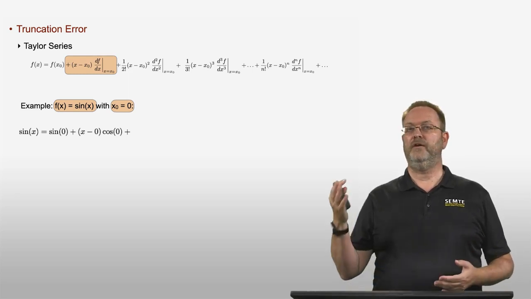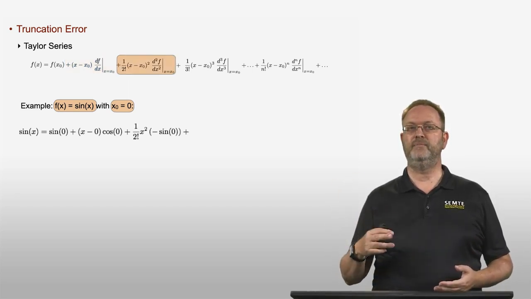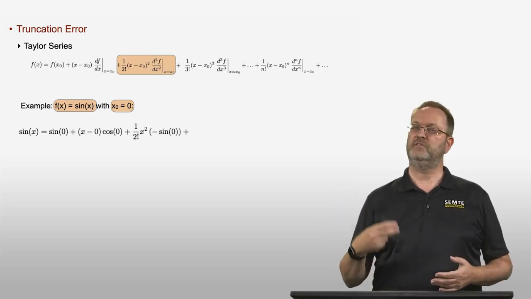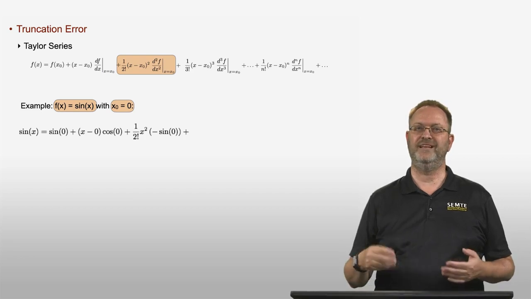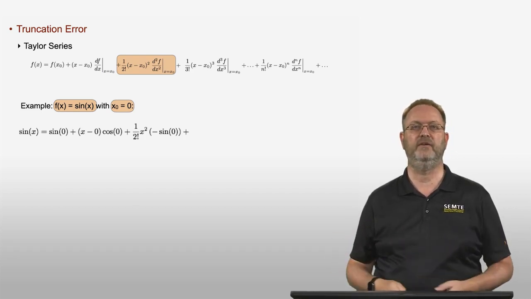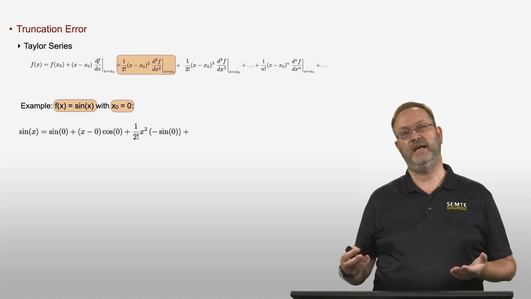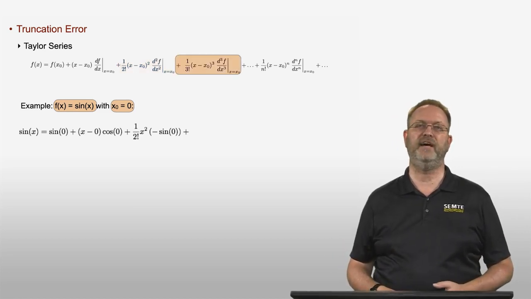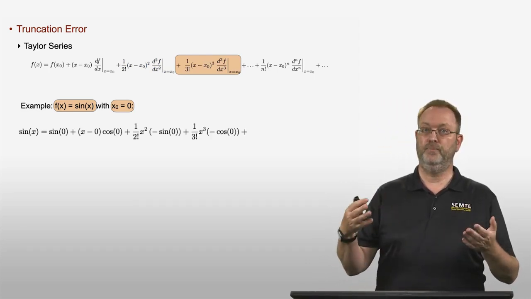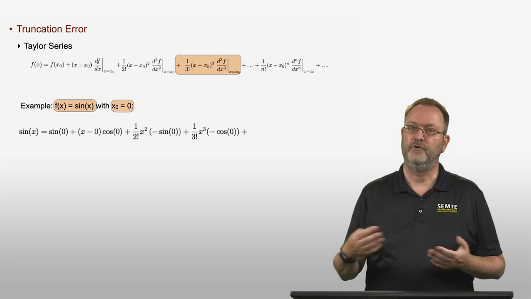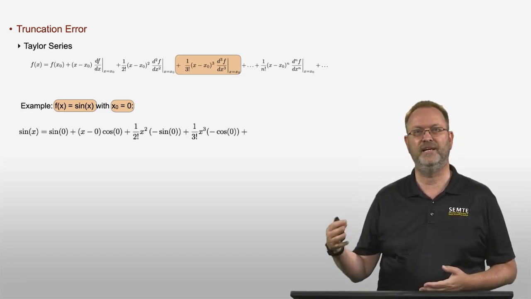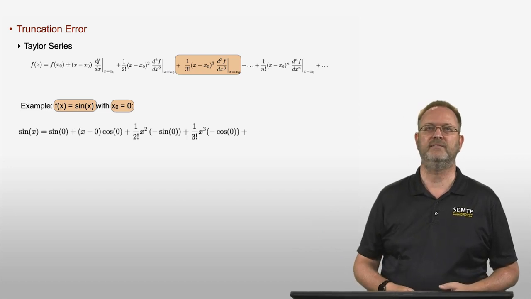Plus, next term, 1 over 2 factorial times x minus 0 squared, that's just x squared, times the second derivative of the sine, which is negative sine evaluated at 0, so times minus sine of 0. Plus the next term, 1 over 3 factorial times x cubed times the third derivative, which is negative cosine evaluated at 0, plus and so on.